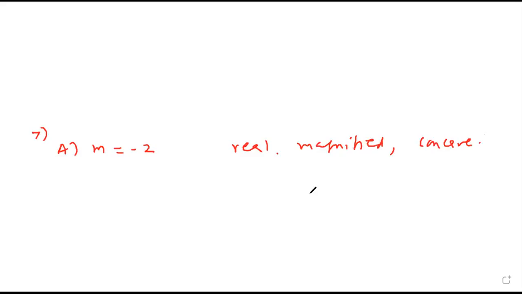So M equals minus 2. Can I say R as well as P? Yes, sir. So as per this, we'll check which is the appropriate result. M equals minus half. This is again real, diminished, and given by a concave mirror.